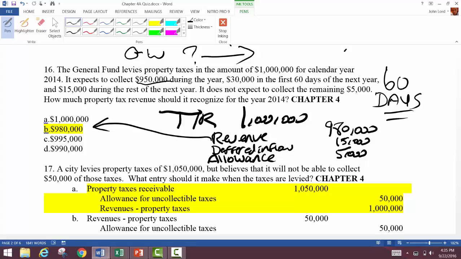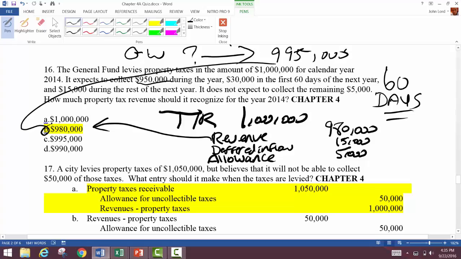Are we going to recognize the amount that we're not going to collect under full accrual? Do you recognize as revenue amounts that you're not going to collect under full accrual? No. Okay. 995. Yes. 995, right? The amount that's going to go outside of the 60 days is not relevant, right? So I don't know why I'm doing that. It's 995, right?